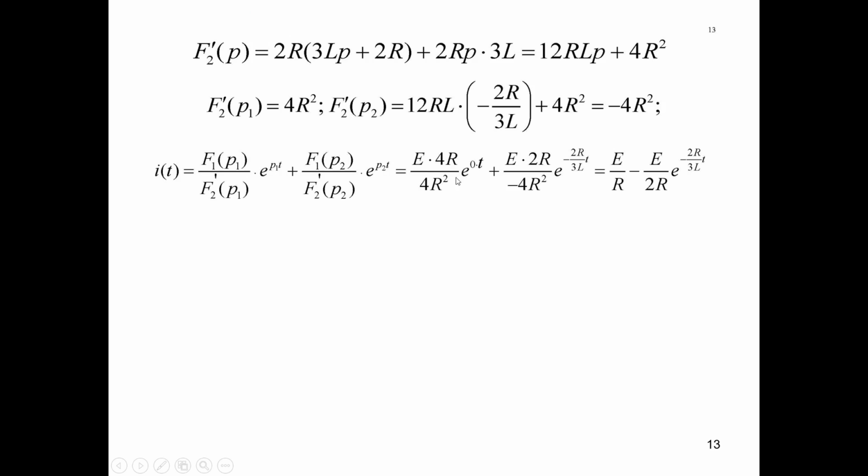It will be e over r for the first item, since 4 and 4 are cancelled, and r and r² cancelled, leaving only r in the denominator. For the second item, r and r² are cancelled, only r in the denominator, 2 and 4 give 2 in the denominator, with this minus before the fraction, and we have e over 2r multiplied by e in the degree minus 2r over 3l multiplied by t.